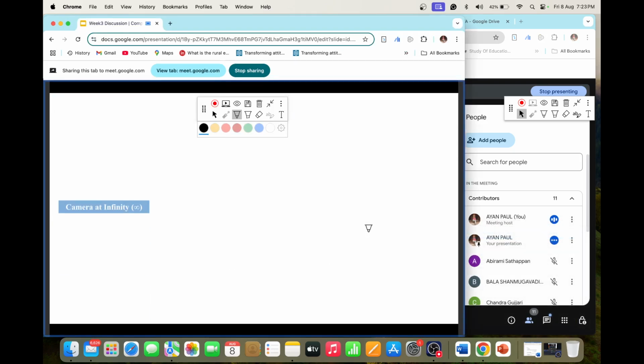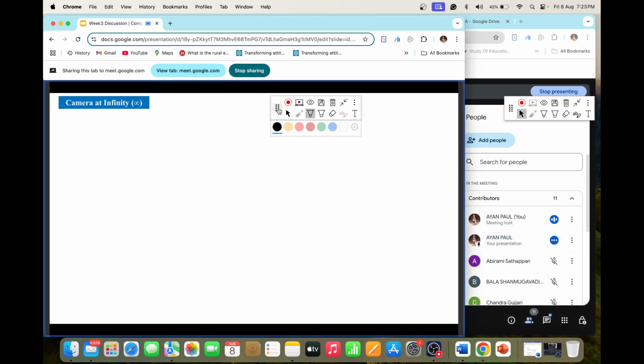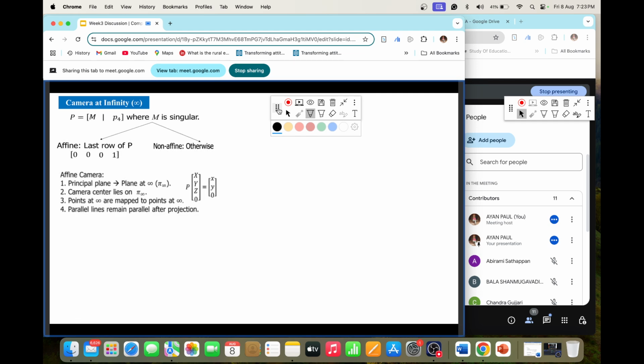What are we left with? We are left with a concept called camera at infinity. In the previous homogeneous matrix discussion we also talked about camera at infinity, or the affine camera. Affine camera is nothing but camera at infinity.